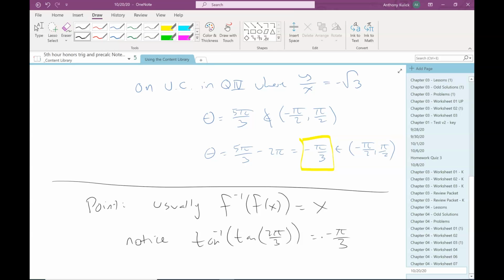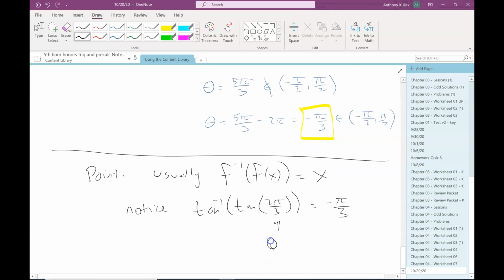That's a little strange. It's okay, because these are periodic functions. They're going to have the same value in these locations. Notice that this is quadrant 2 and this is quadrant 4. In both of those locations, tangent is negative square root 3. But the range for tangent inverse is specific, so we can't ever get a quadrant 2 angle.